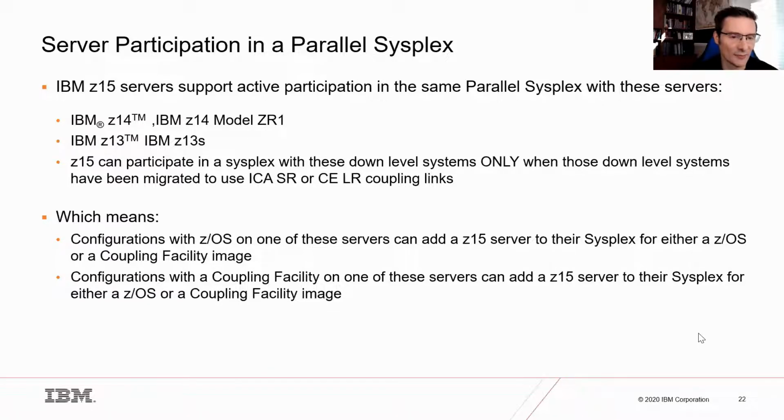That means that the z15 will be able to fully support in the same parallel Sysplex a z14, either the large or the smaller, used to be called business class size machine, ZR1, as well as the z13 and z13s. It can participate, but only when you have the links configured correctly, which we're going to talk about on a subsequent slide.